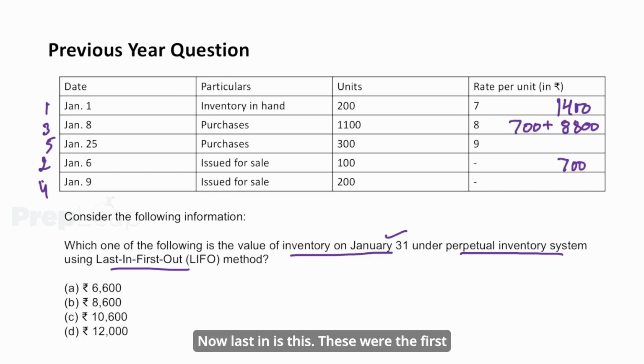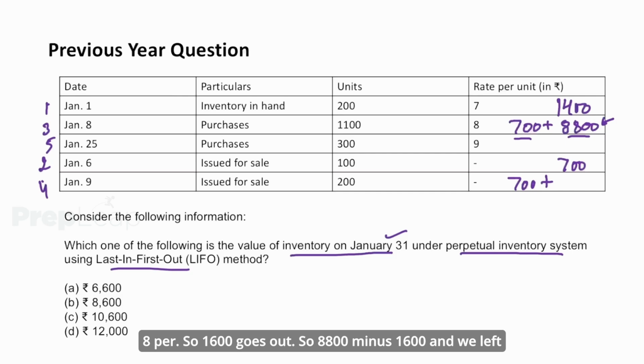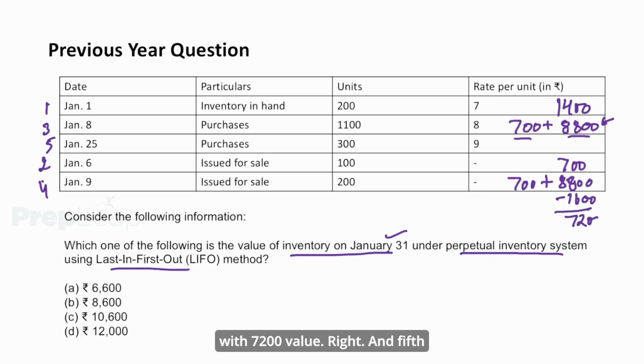Last in is this; these were the first and this was the second. So from this we take out 200 pieces at 8 rupees each. 1600 goes out, so 8800 minus 1600, and we're left with 7200.